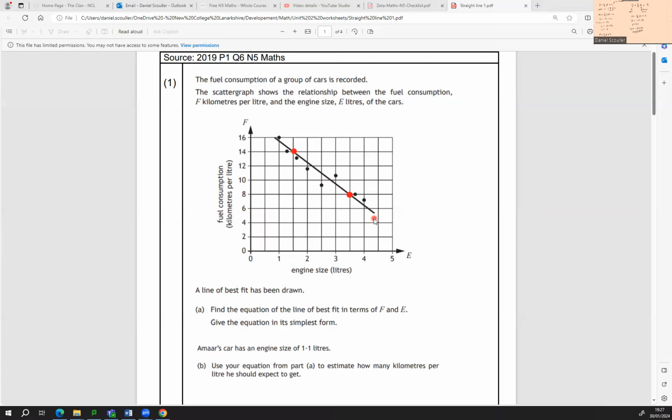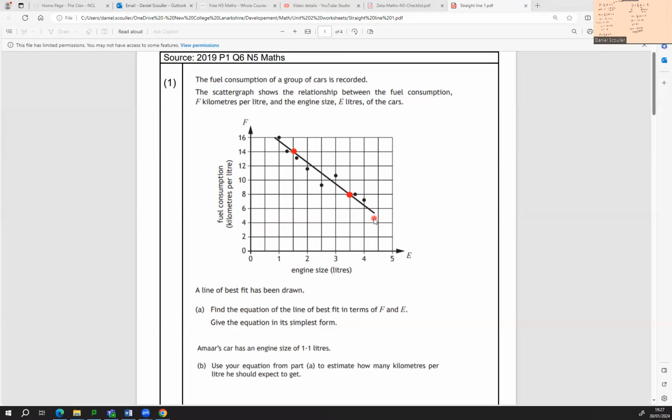So we've got y equals negative 3x plus c, or if you're using the letters, my y-axis is f, my x-axis is e, so f equals negative 3e plus c.